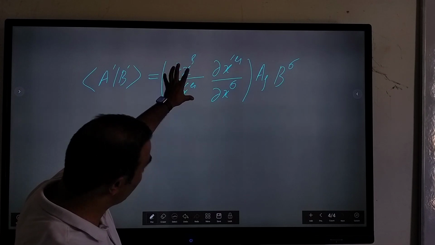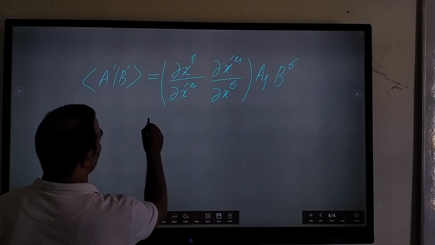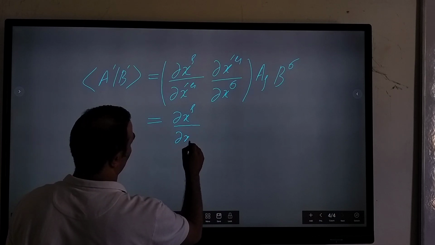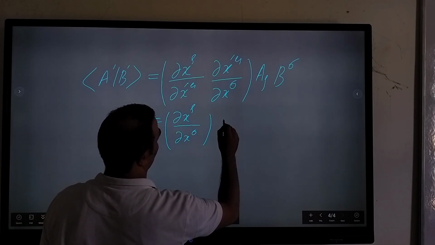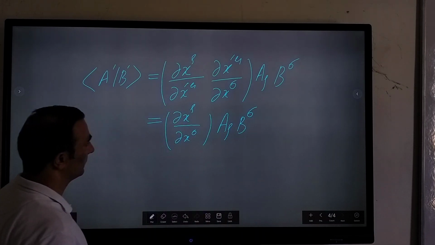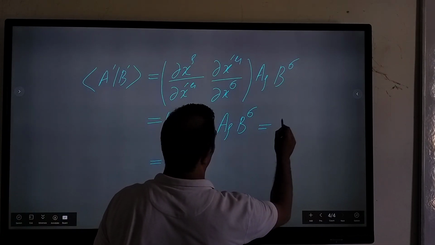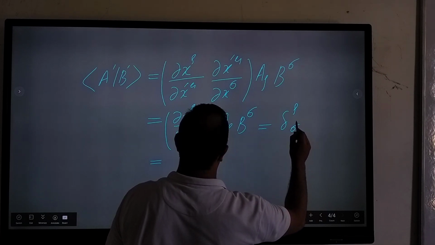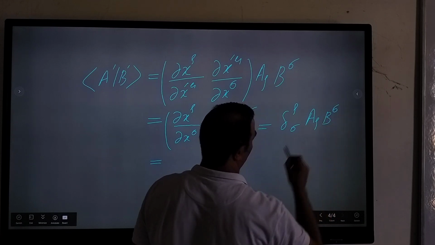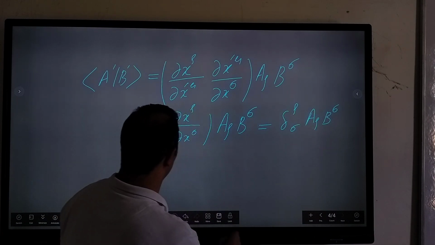So what is this term? If you remember, this will cancel because this is partial x prime mu, right? And you will get here... clear? Now if rho equal to sigma.